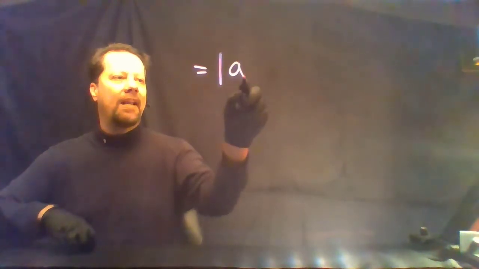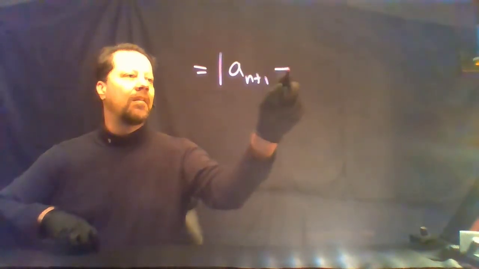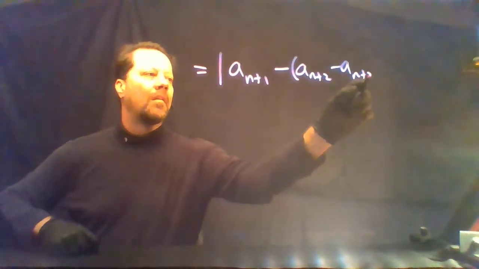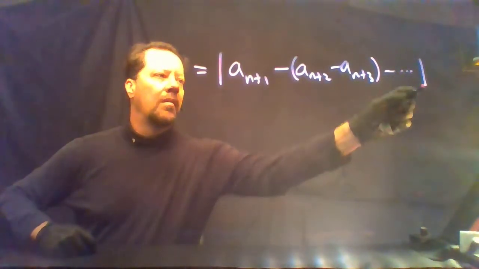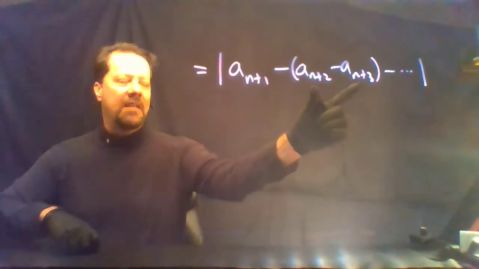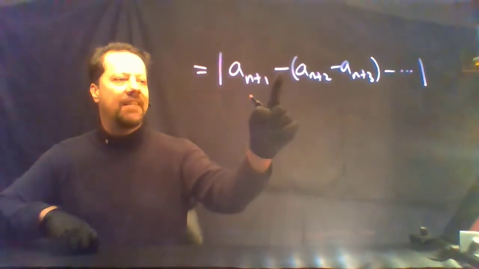We can rearrange that sum in the following way, by grouping the terms, except for this first one, in pairs and factoring a negative out.